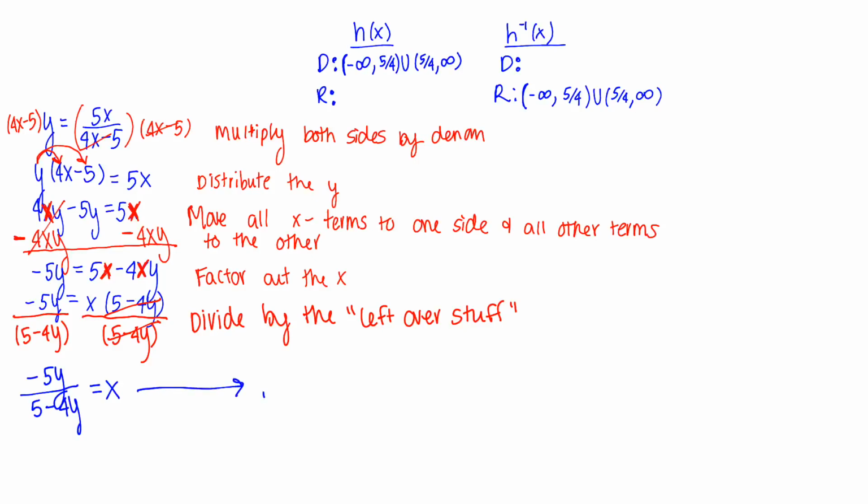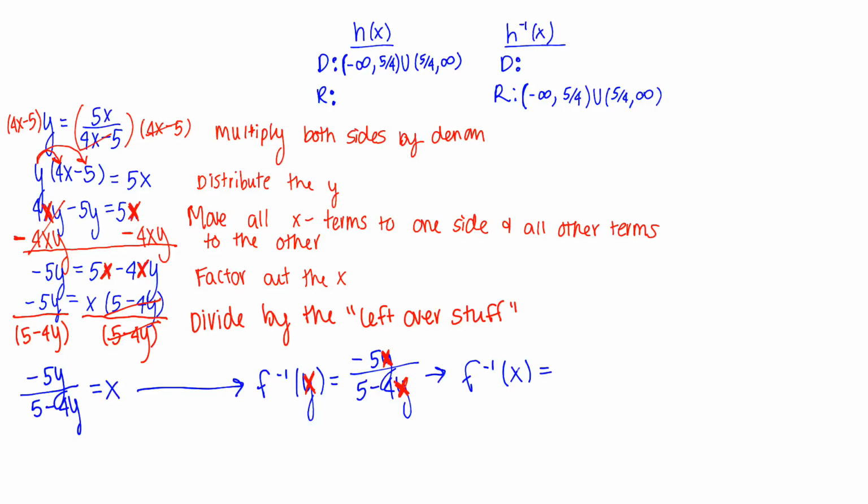So f inverse of y, let's just start here. F inverse of y would be negative 5y over 5 minus 4y. To make this in terms of x, you just replace that y with an x. So f inverse of x, and this isn't f, is it?